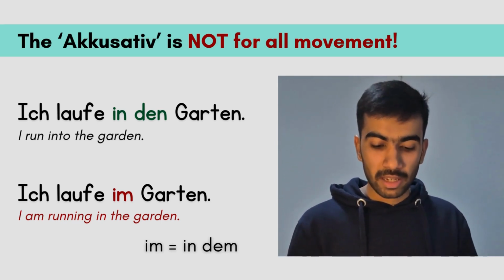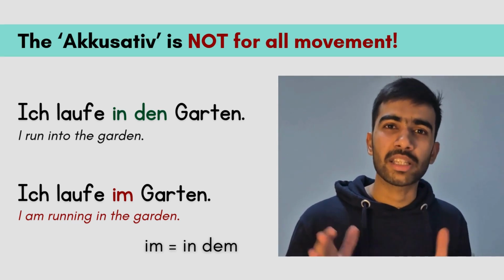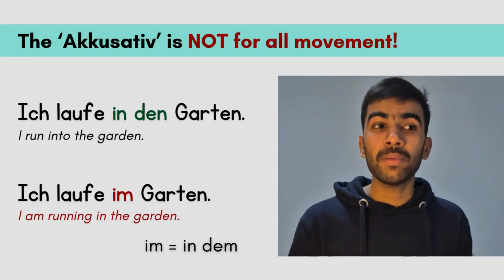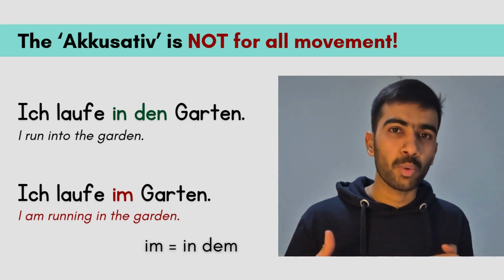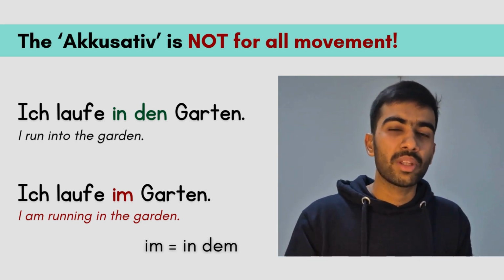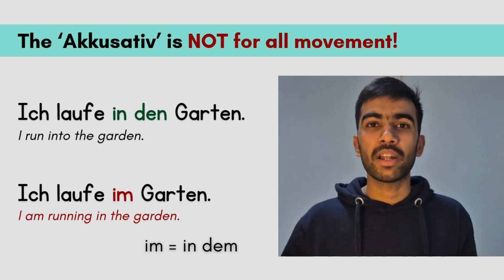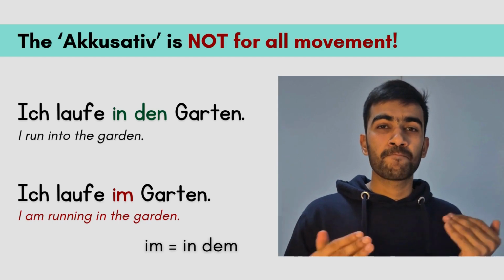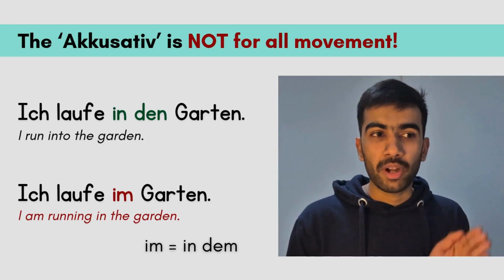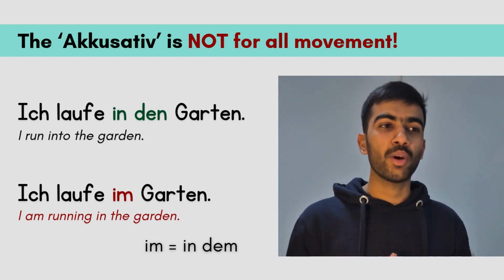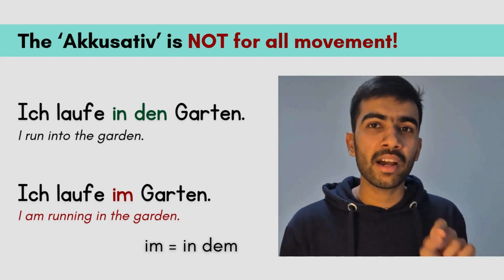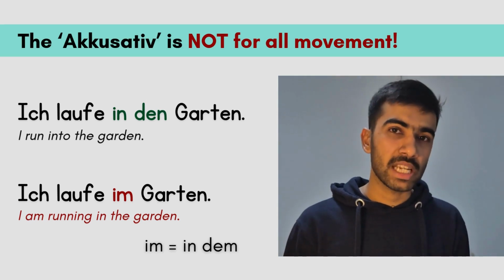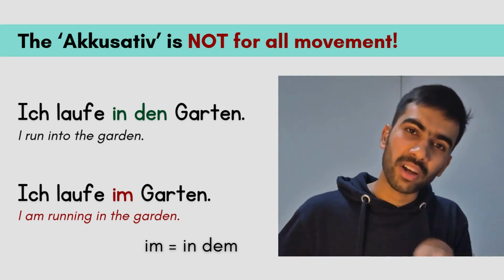That's because the entire garden is the specific location which is used over here. That means I am running or walking within the garden. So there is no position change from the garden to somewhere else. So that's how it became I am running in the garden. Okay, and ich laufe in den Garten means I am running into the garden from somewhere else. So there is a position change from somewhere else to the garden.